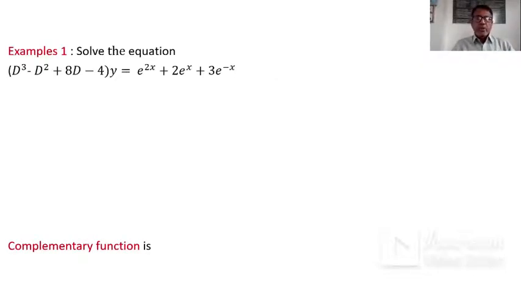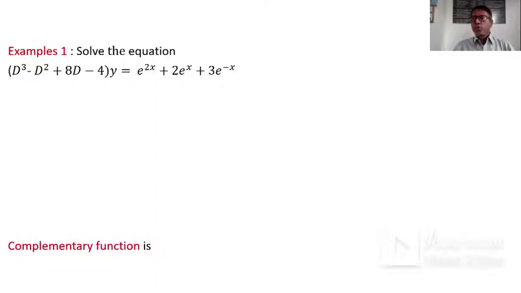Consider this first example. Solve the equation D cube minus D square plus 8D minus 4 of y is equal to e to the power 2x plus 2e to the power x plus 3e to the power minus x.